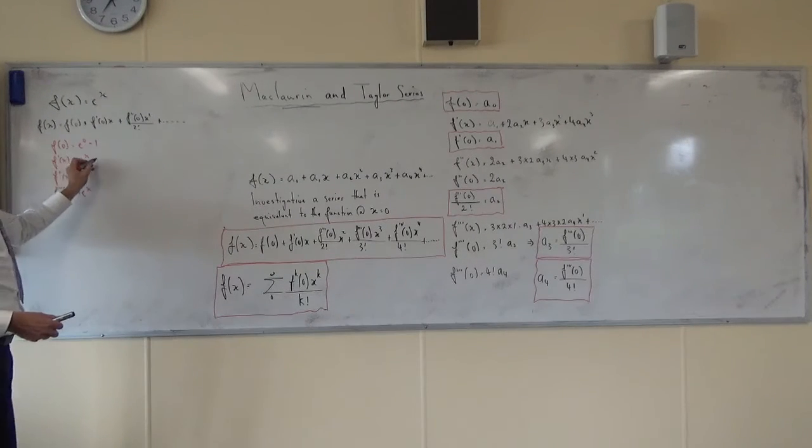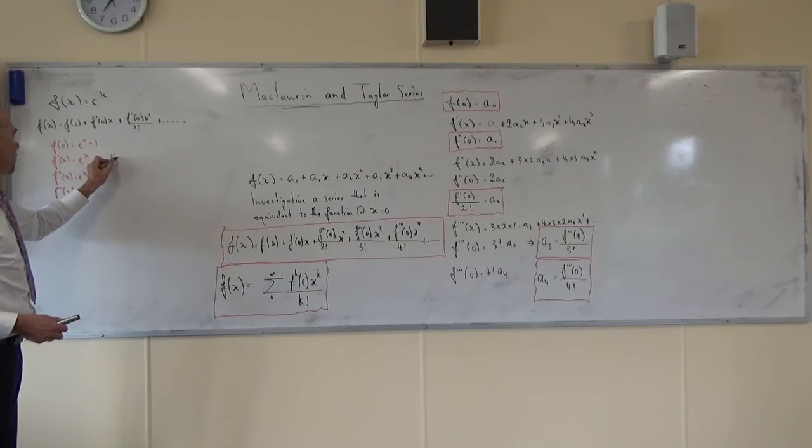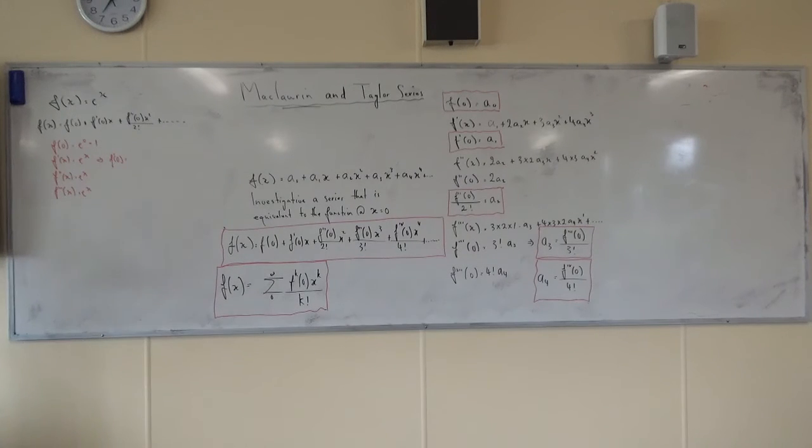In other words, what I'm trying to say is, what's f dash 0 equal to? f dash 0 is 1. Good. What's f double dash 0 equal to? 1. Good. What's f triple dash 0 equal to? 1. And so on. So all of these here, that's 1, that's 1, that's 1, and so on.